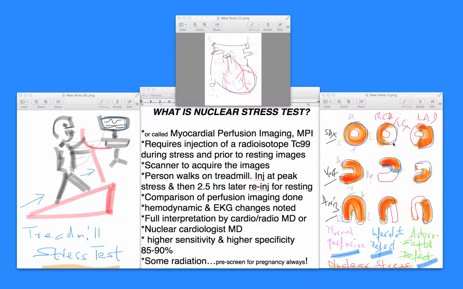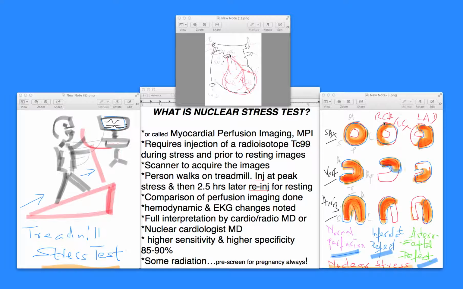So in all three views, when it's compared, you could tell that RCA and left circ are involved because of filling defects in those walls or regions. So that is the regional abnormality, and obviously during the stress, these will be the filling defects. Now, these filling defects during rest will fill up like this, and they will look like this.